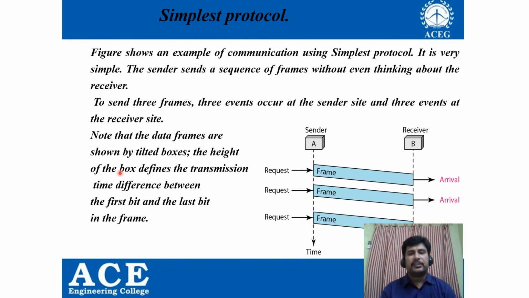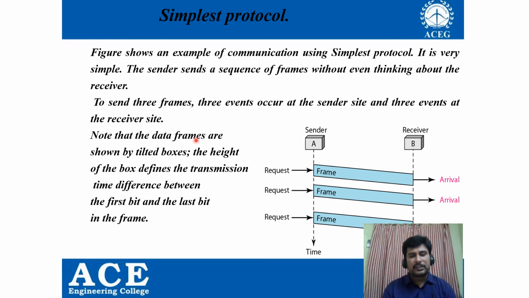It simply receives the data from the network layer, converts the datagrams into frames by adding header and trailer, and forwards them to the physical layer. The physical layer sends the data over the noiseless channel to the receiver, which forwards it to the data link layer, which removes the header and trailer and forwards the datagram to the network layer.